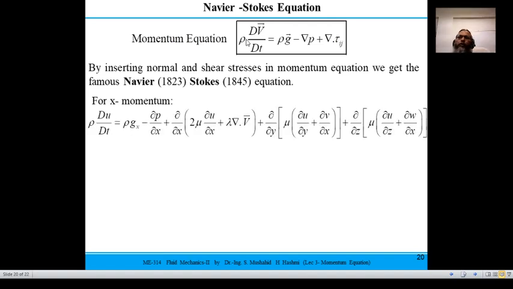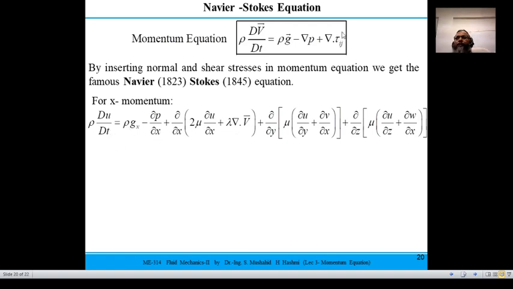to substitute the tau xx part, tau xy part, tau yz part, xz part or yx part into the momentum equation. So what we have done, we have the stress tensor. In our momentum equation, we have kept the inertial term, the gravitational term and the pressure term intact.